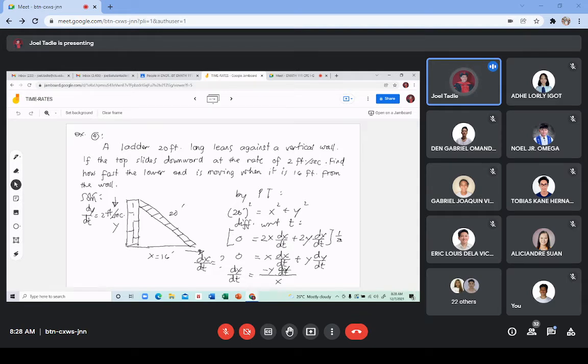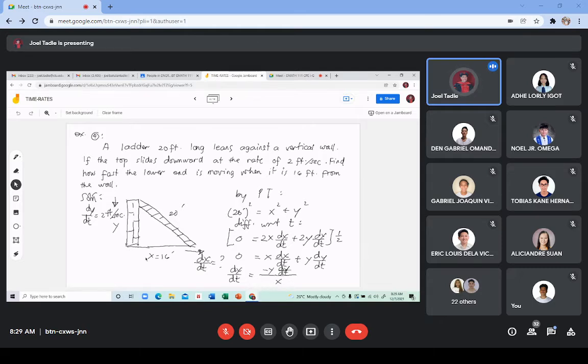Then to simplify, we multiply both sides by 1/2. So we have 0 equals x dx over dt plus y dy over dt. Then solve for dx over dt, transpose y dy over dt to the left. So negative y dy over dt over x.